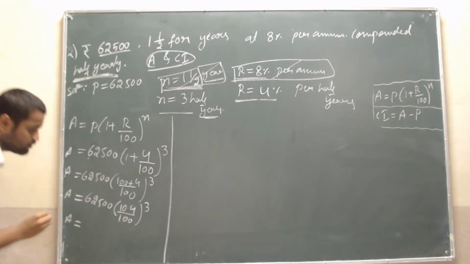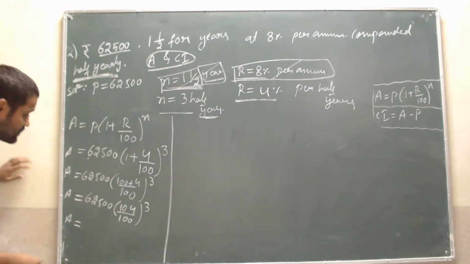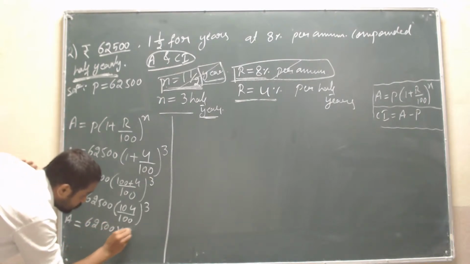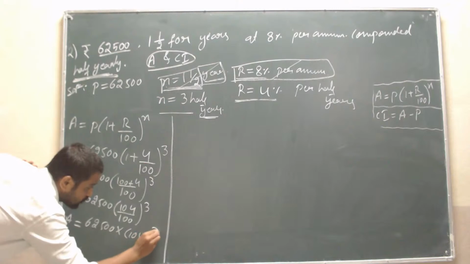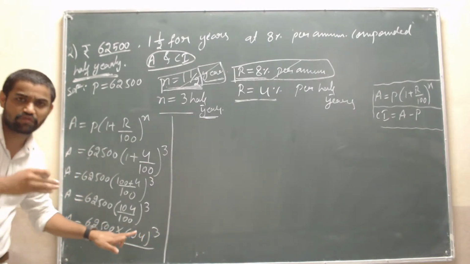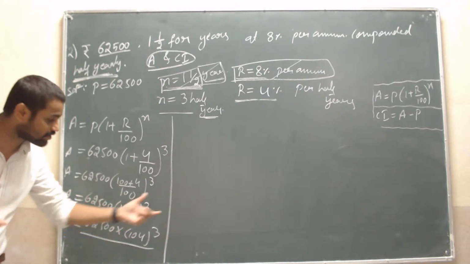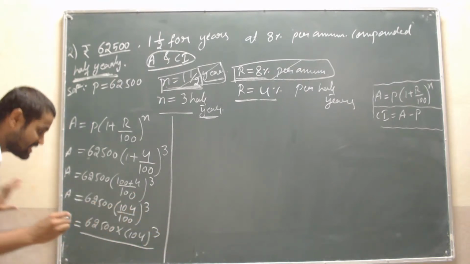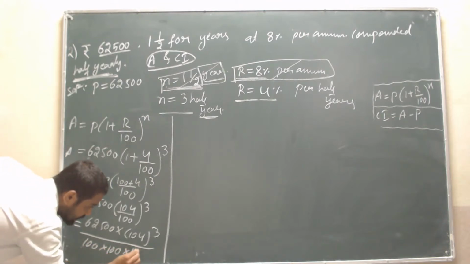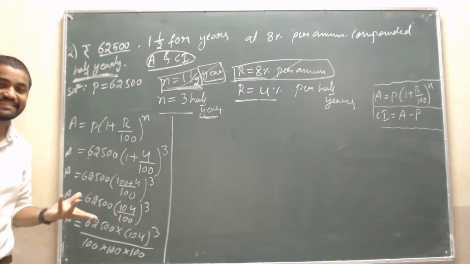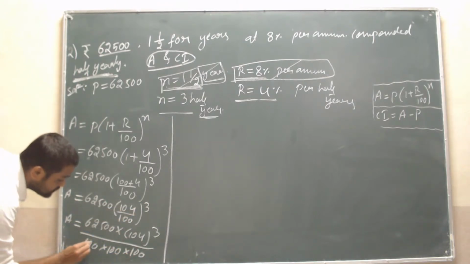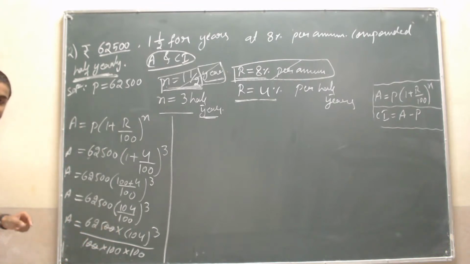A is equal to, see here students, 62,500 into 104 whole cube divided by 100 cube. Why not multiply 104 into 104 into 104 here? Because of less space. That's why here 100 into 100 into 100. This 0 gets cancelled, this 0 gets cancelled.